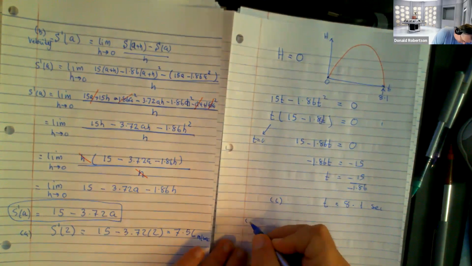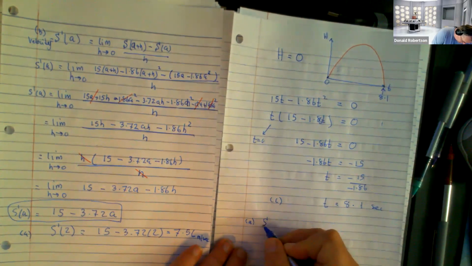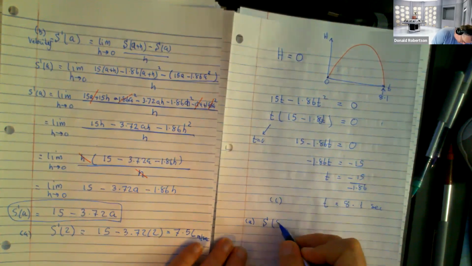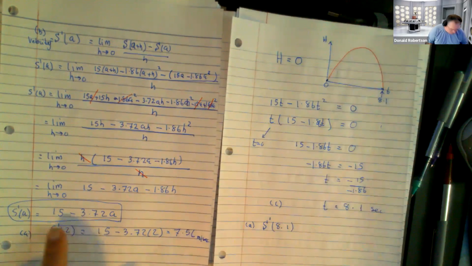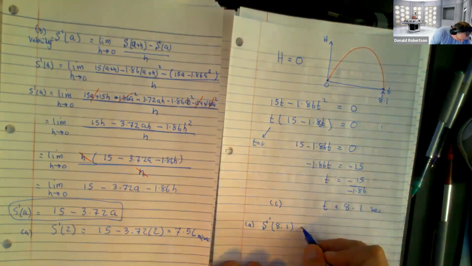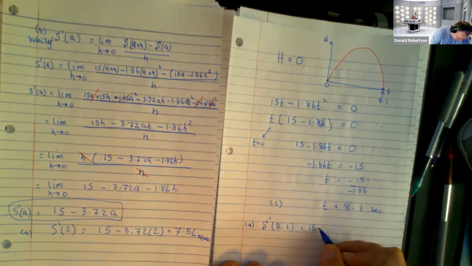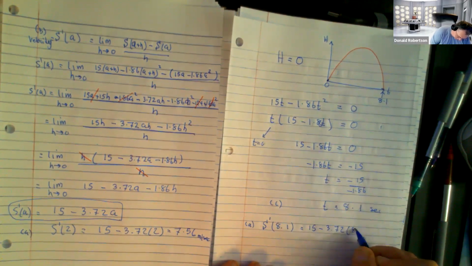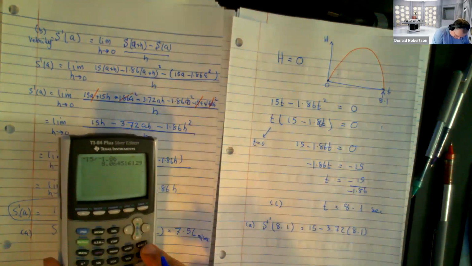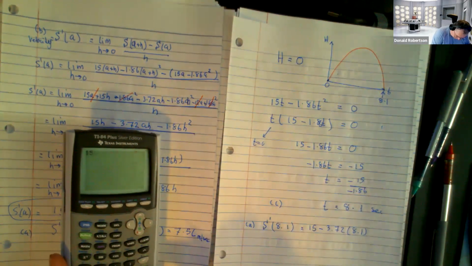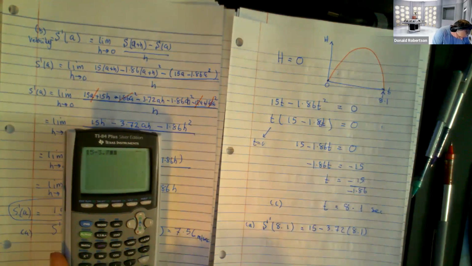So to get the velocity when it hits the ground, don't I just need to find the derivative at 8.1, which is 15 take away 3.72 times 8.1. So I'll go to the calculator and do 15 take away 3.72 times 8.1.